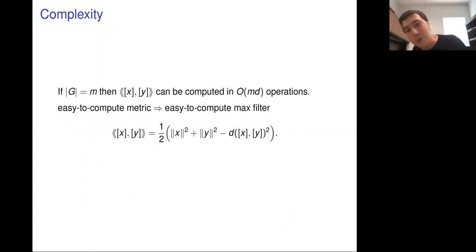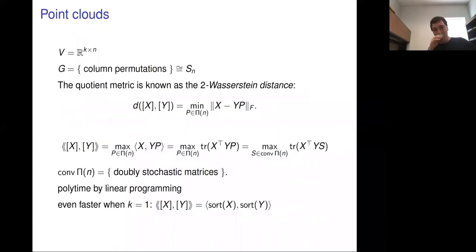But in general, because of this relation between the max filter and the quotient metric, the max filter is as easy to compute as the quotient metric is. So there are some examples where you can compute the max filter faster than just scrolling through all of those things.